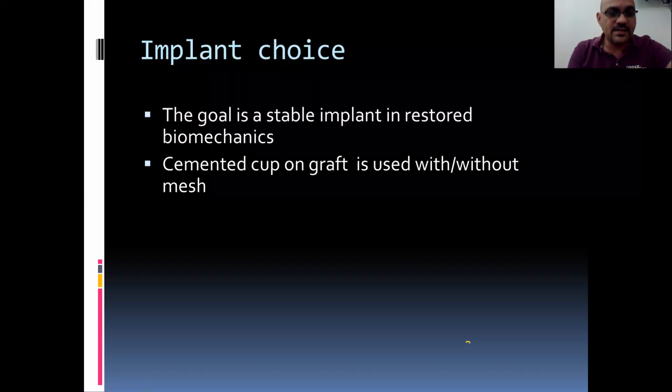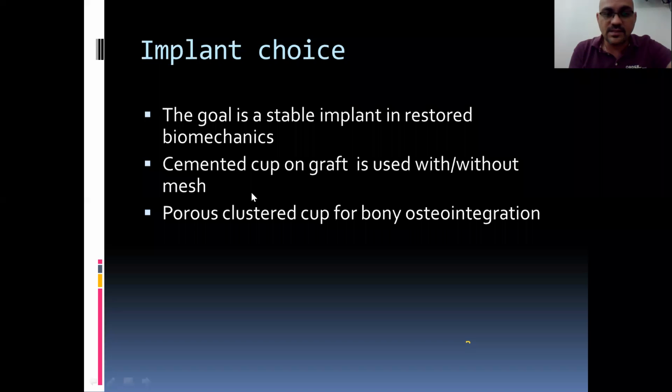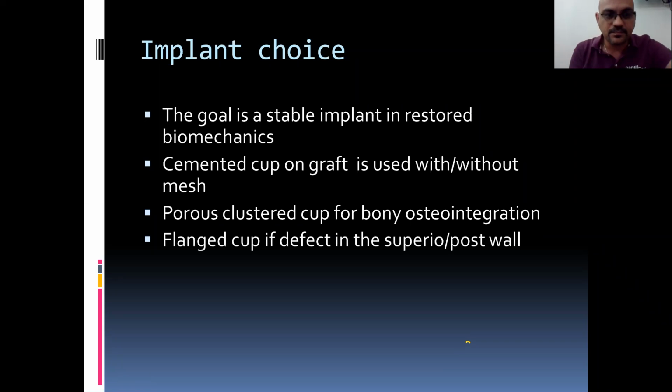For bony osteointegration, you don't rely on the void of the medial acetabular wall because it is too thin. On the other hand, a porous cup can be used for bony osteointegration, as the periphery of the cup is well attached to the periphery of the acetabular rim.